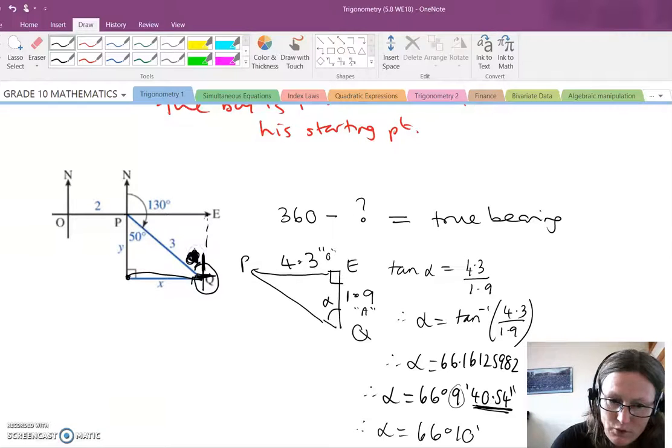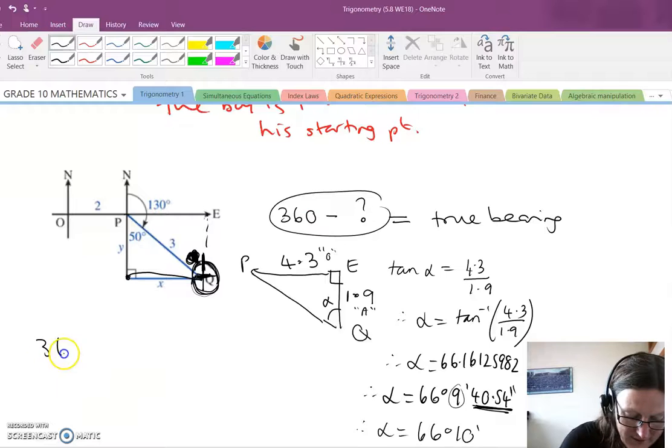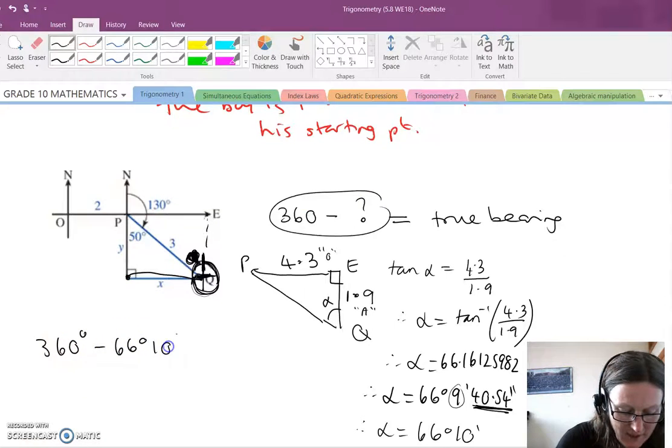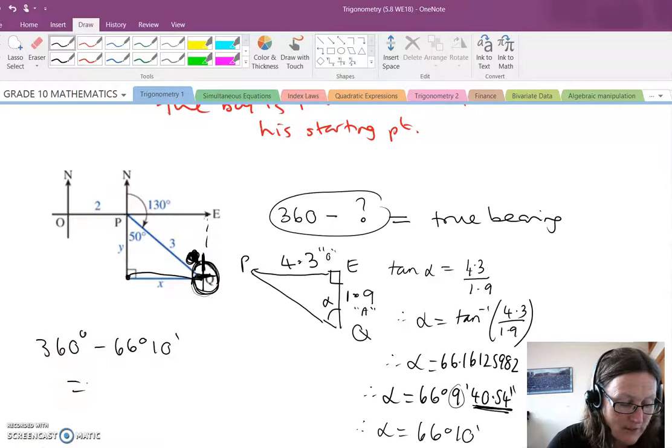Remember, I'm asked for the true bearing. The true bearing is the distance from north. So it is that. Remember, one complete revolution is 360. So if I go, as mentioned here, 360 degrees minus 66 degrees 10 minutes, that will give me my true bearing. So 360 degrees minus 66 degrees and 10 minutes gives me my true bearing.